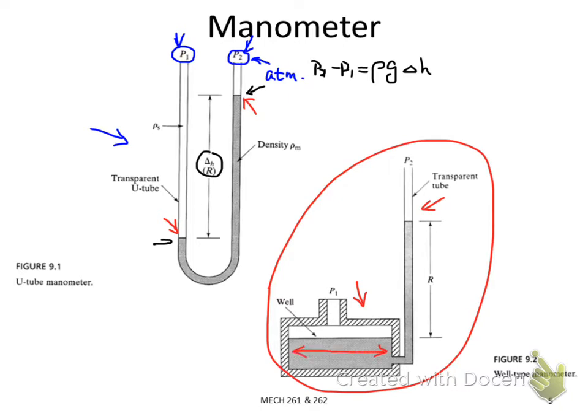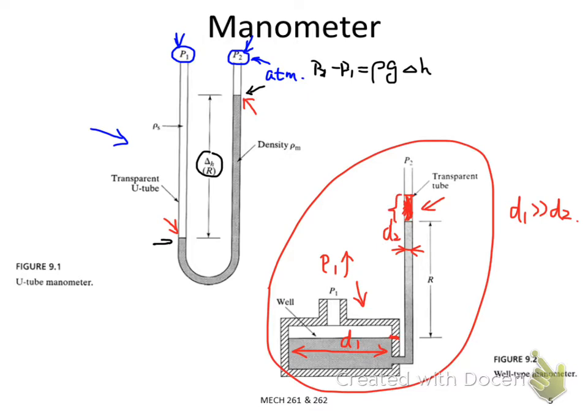You can imagine, if there is a height difference, let's say I increase my P1, then of course the column on the right hand side will increase in height. And because D1 here is much larger than D2, the height change on the well side is almost zero.